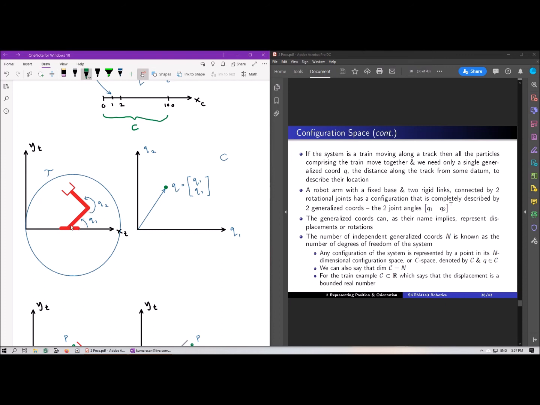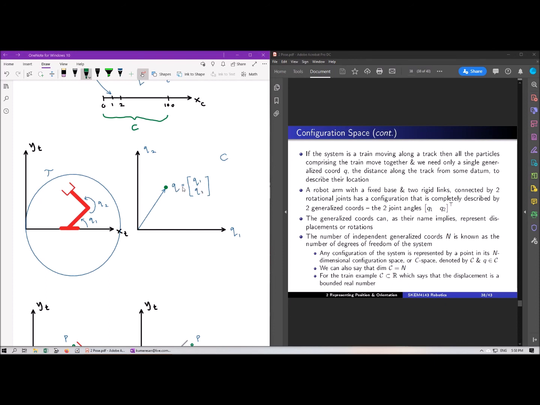The angle given by joint 1 we label as Q1, and the angle given by joint 2 is Q2, and this is our end effector. So the configuration of this robot arm is simply given by Q1, Q2.